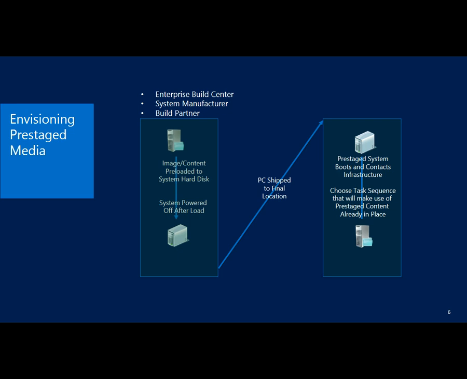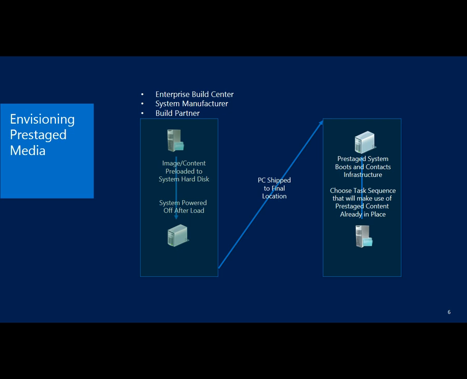The wizard will look at the task sequence. You'll probably have in mind what task sequence is most likely going to be used when you finish the build of this pre-staged machine. So as a convenience, you can choose a task sequence, and the whole point of that is to allow a shortcut for the wizard to discover the content that might be needed for that task sequence and pre-populate it, right? That's it. There's no linkage between the pre-staged media and that task sequence, right?